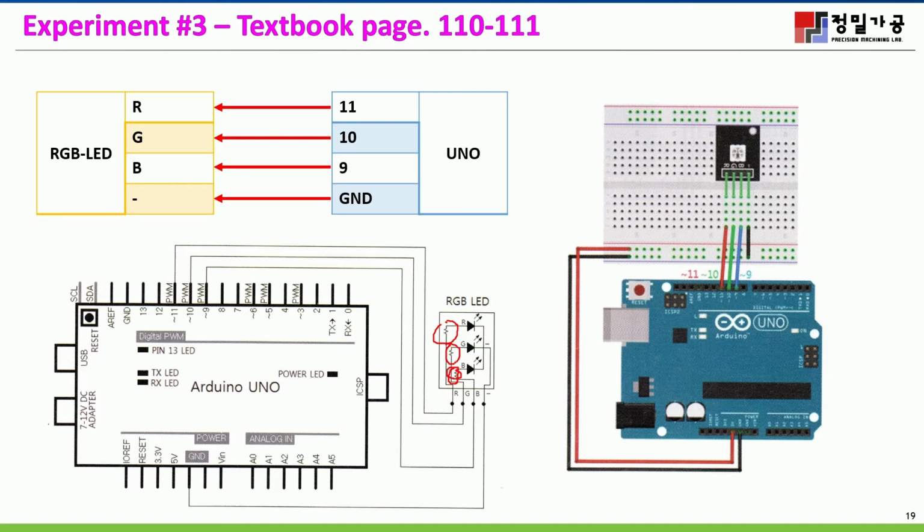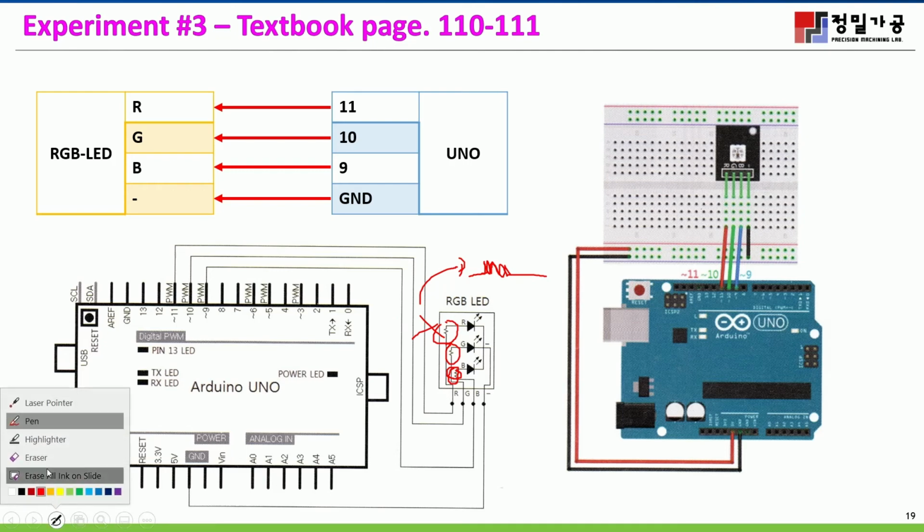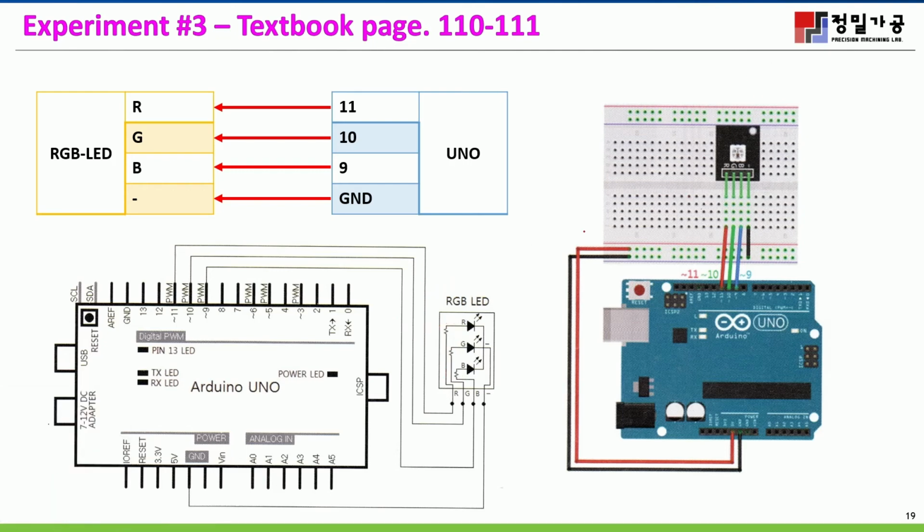But there is a kind of RGB LED without a resistor. You should connect it with a resistor, otherwise you will destroy your LED. In this case we already have the resistor built in, so you just connect directly with the cable.